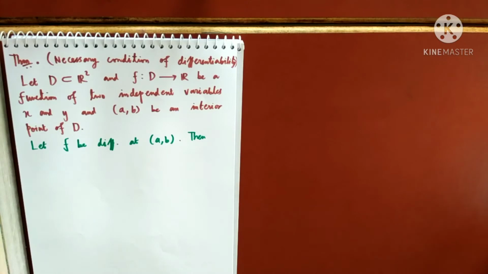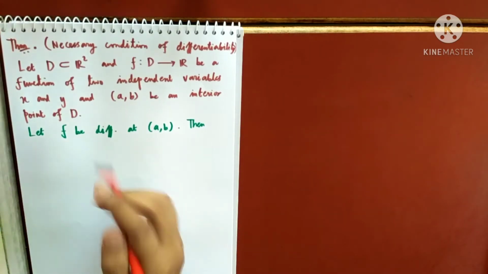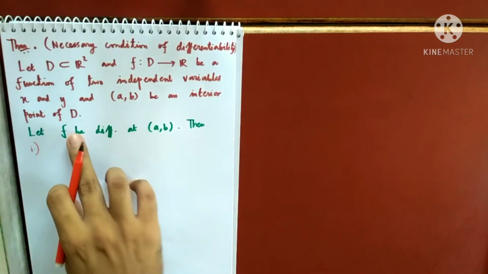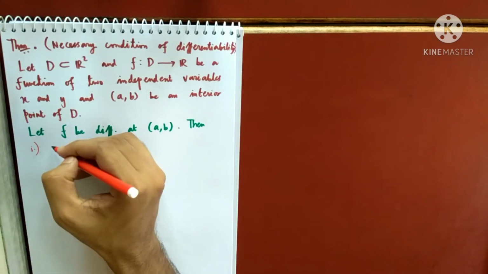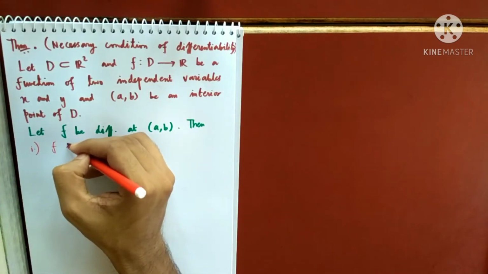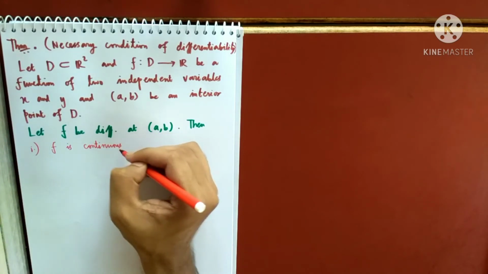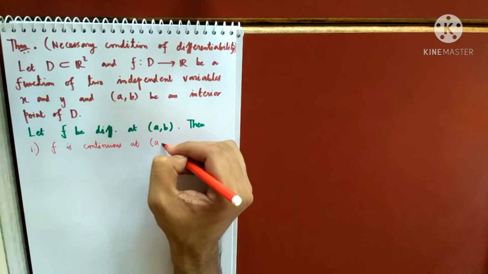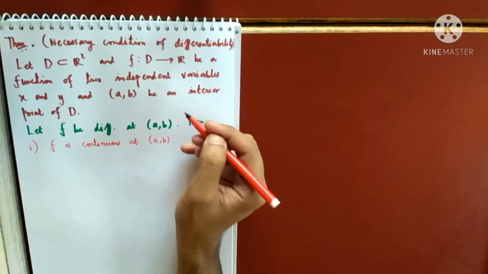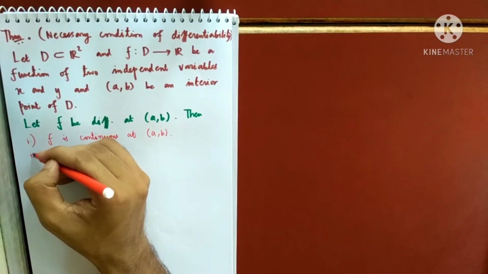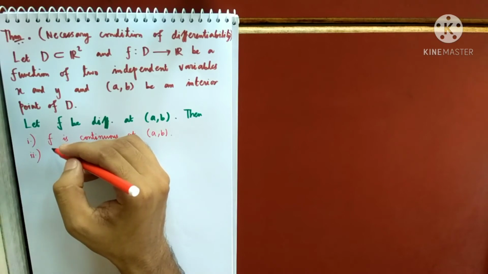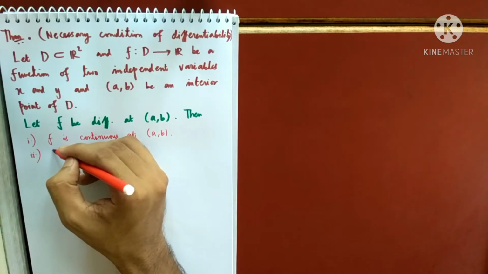We'll see how. Number one, if my function is differentiable at a comma b, then f is continuous at a comma b. So we will then be satisfied with the definition. And number two, both the partial derivatives at a comma b exist.